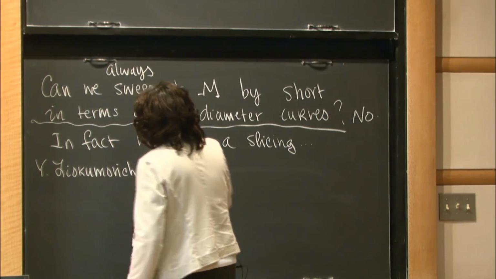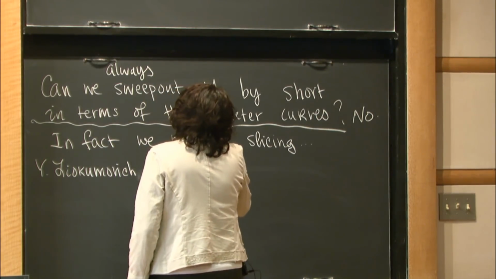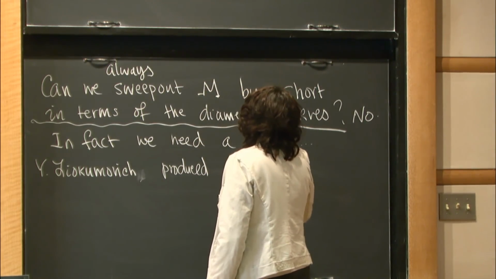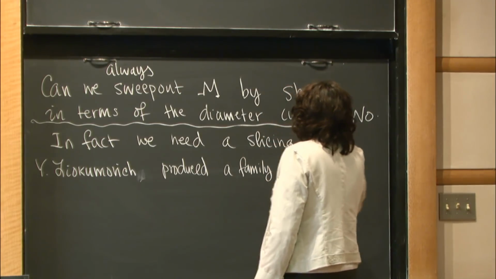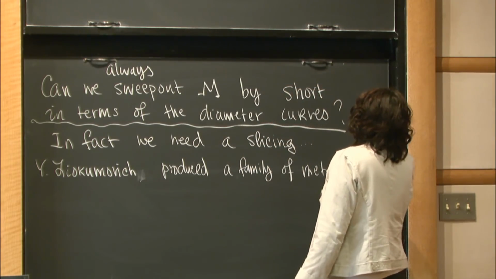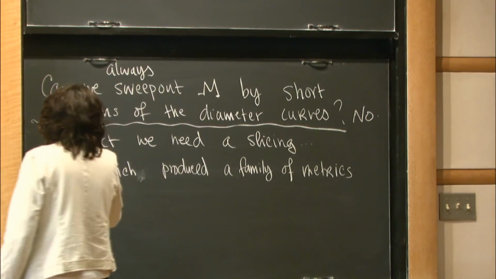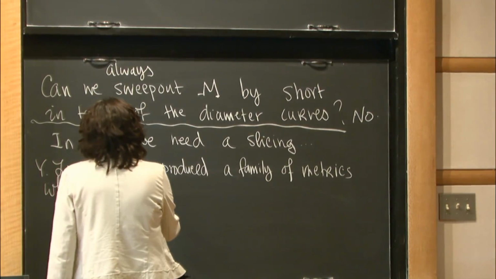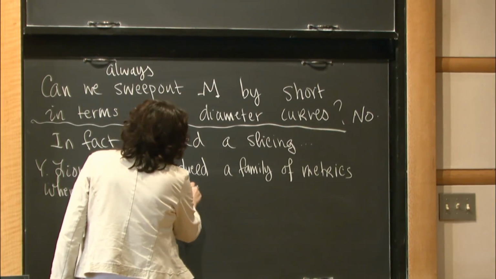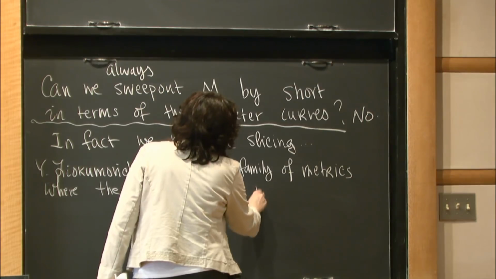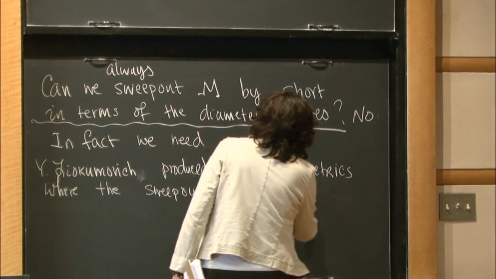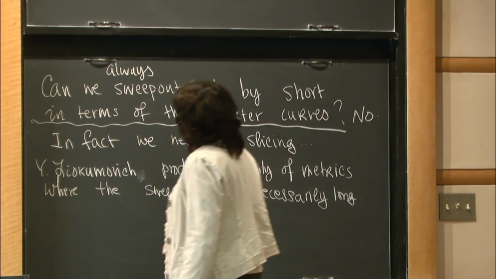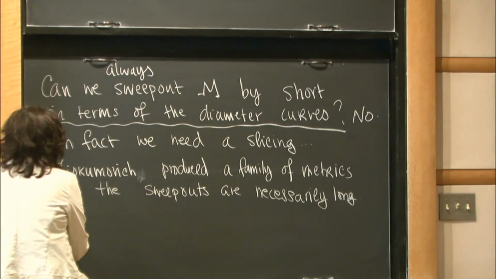He produced a family of metrics where the sweep outs are necessarily long. But this is based on an earlier work of Frankel and Katz.